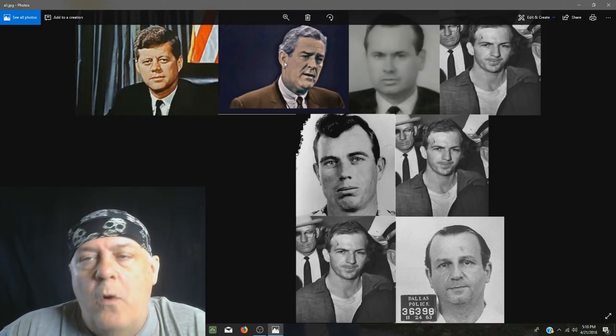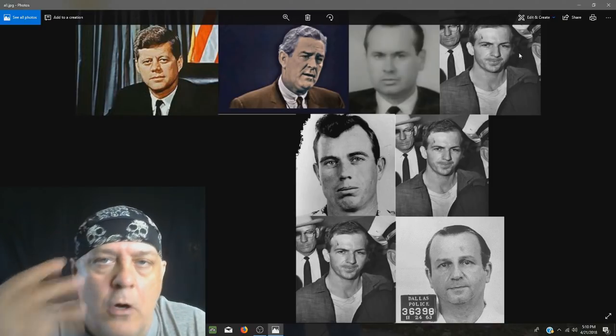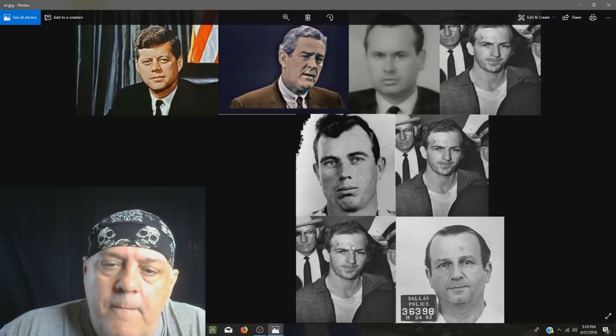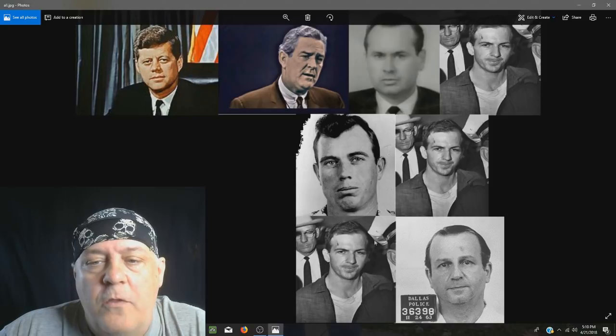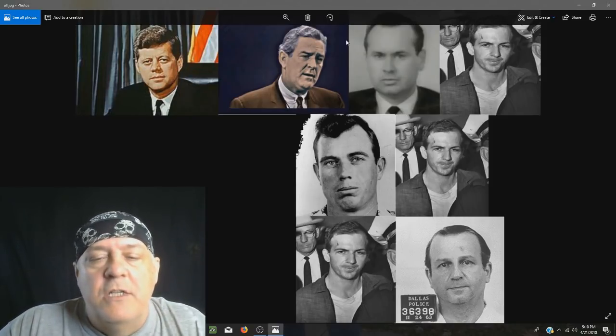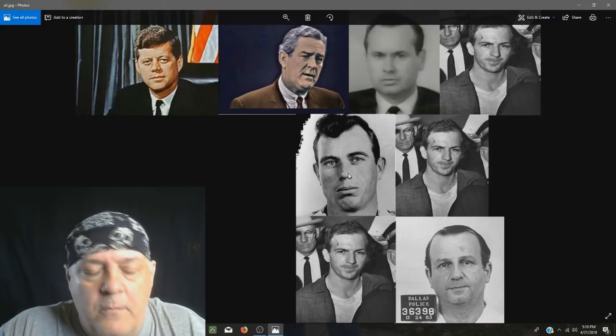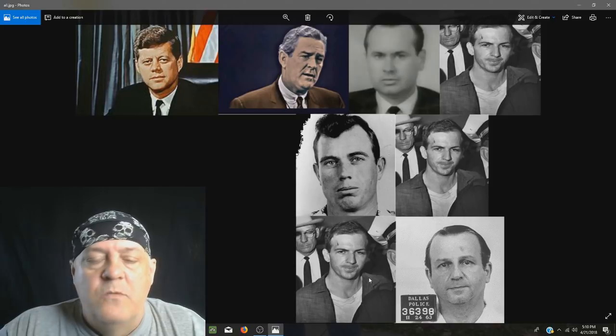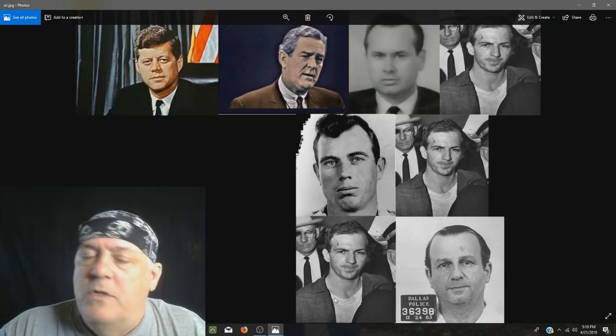The only reason they drag three murder cases into one is because of Oswald, because Oswald is connected to all three of these cases. So they say the JFK assassination case, the murder case of Officer Tippit, and then Oswald being assassinated as well, are all one case, which it's not.